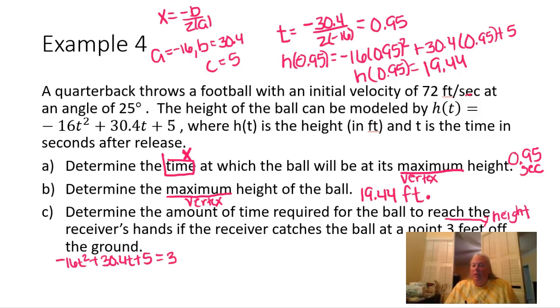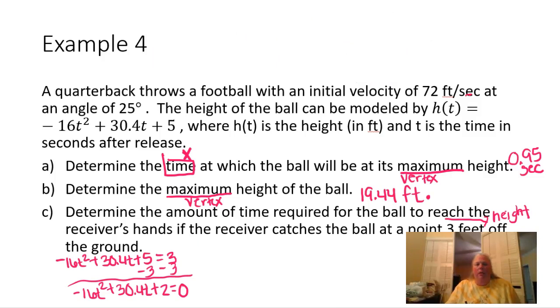And in order to solve this, it needs to be equal to 0. So let's subtract the 3 from both sides. That gives us negative 16 t squared plus 30.4 t plus 2 equal to 0. And now we can put this in our quadratic formula, but I'm going to need to clean this up a little bit. All right, so let's see, we'll have A equal to negative 16, B equal to 30.4, and C equal to 2.